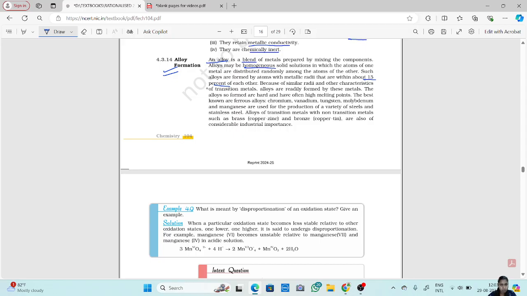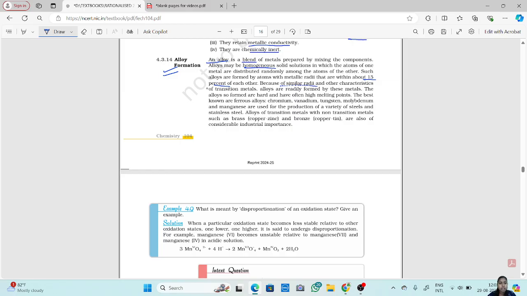Because of similar radii and other characteristics of transition metals, alloys are readily formed by these metals. Since 15% means they are almost of the same radius.